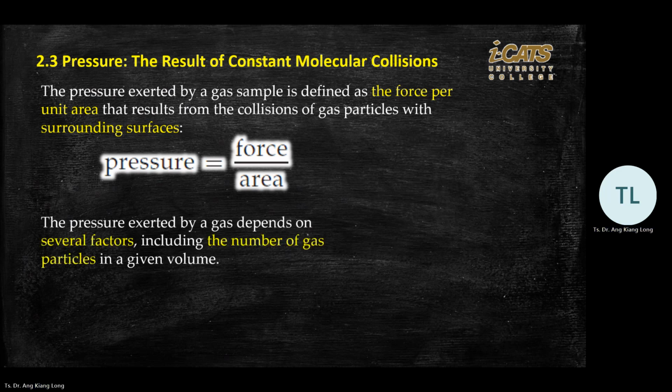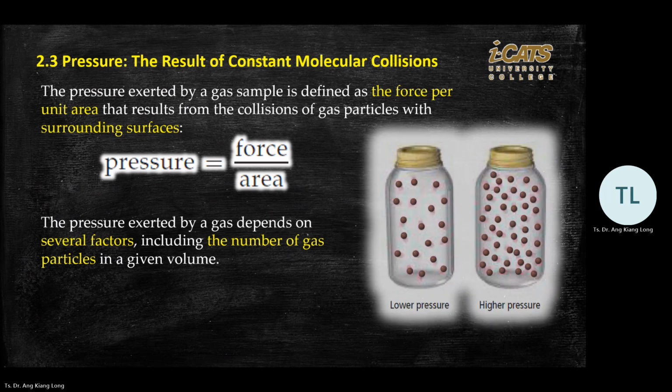Pressure has a factor of the number of gases or particles, meaning the more particles you fill inside a container, the more pressure. So in chapter 2, if we mention low pressure, it means fewer molecules. If we say high pressure, it means more molecules or more particles.